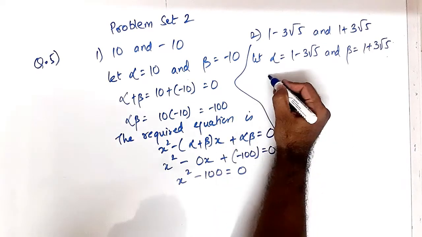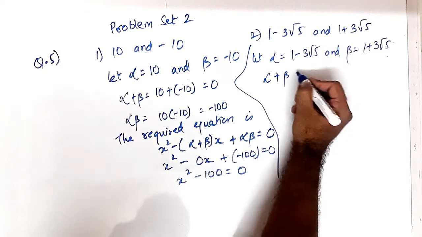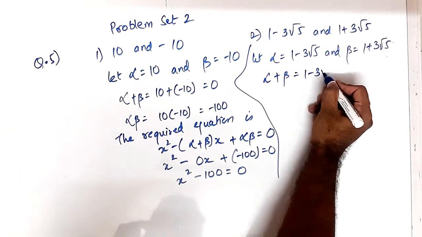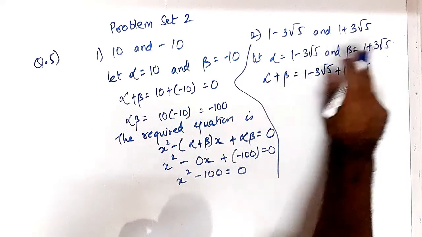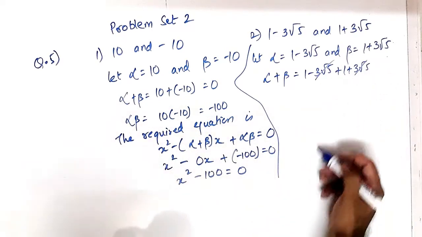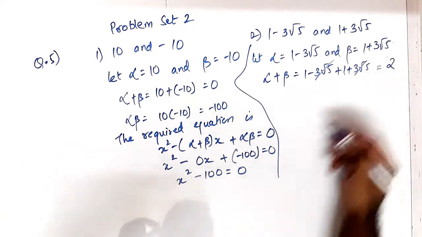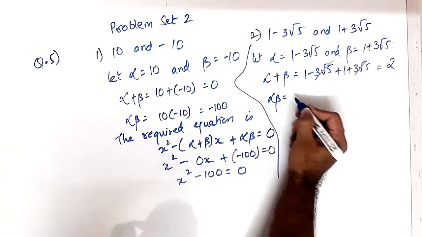So alpha plus beta equals 1 minus 3 root 5 plus 1 plus 3 root 5. Addition of both, very simple. Minus 3 root 5 plus 3 root 5 cancel. What remains is 2.